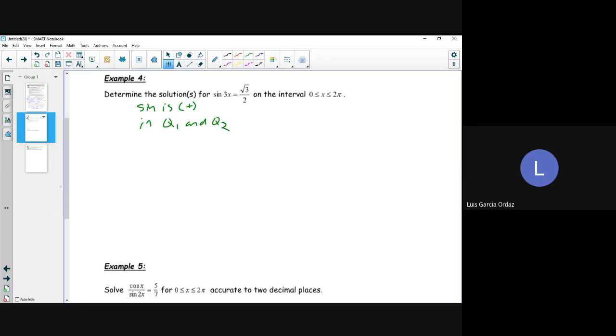And if you take the regular sine x is equal to root 3 over 2, what radian measure gives us the ratio of root 3 over 2 in our special triangles? So at what angle does sine x give us root 3 over 2? At pi over 3.